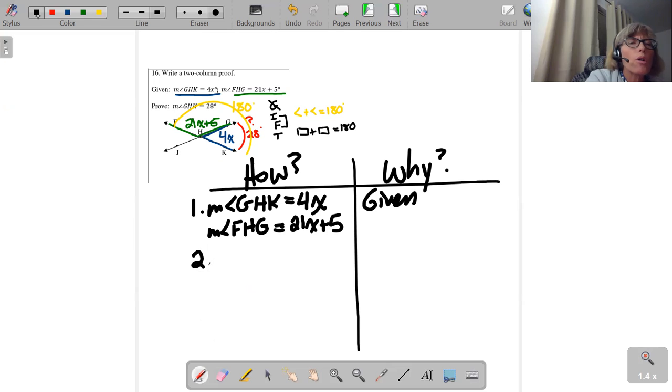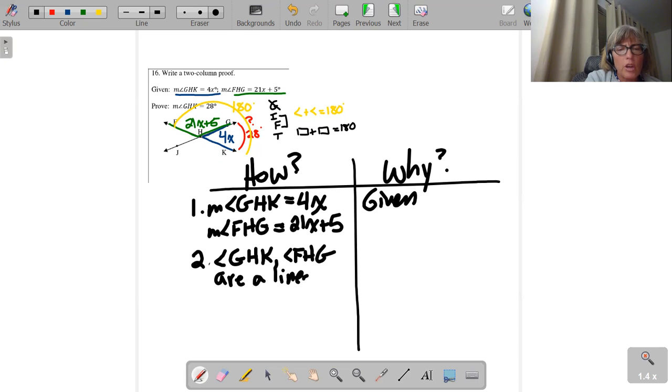You need to say something like this. Angle GHK, angle FHG are a linear pair. Linear pair means two angles that make a line. I would simply call that a definition of a linear pair because they share a spine, they make a line.